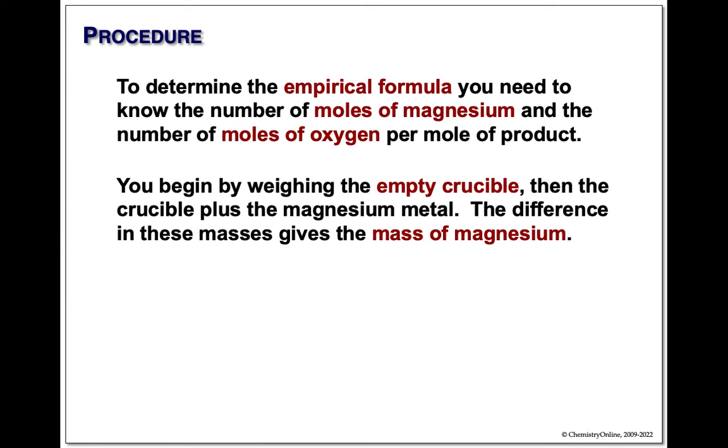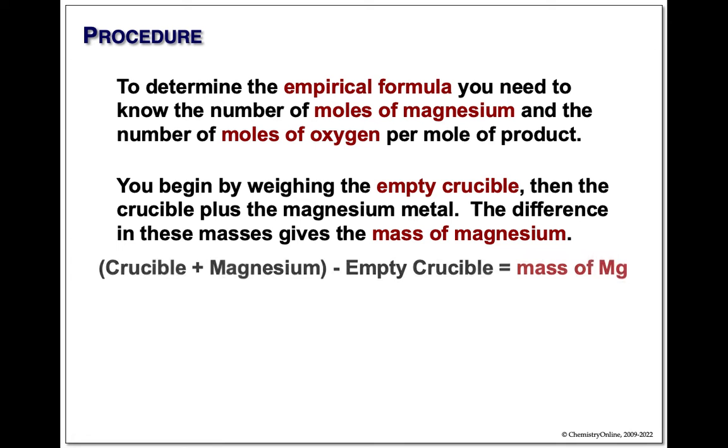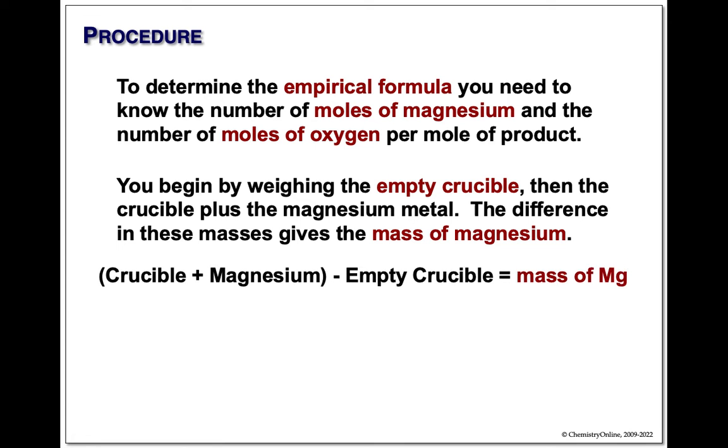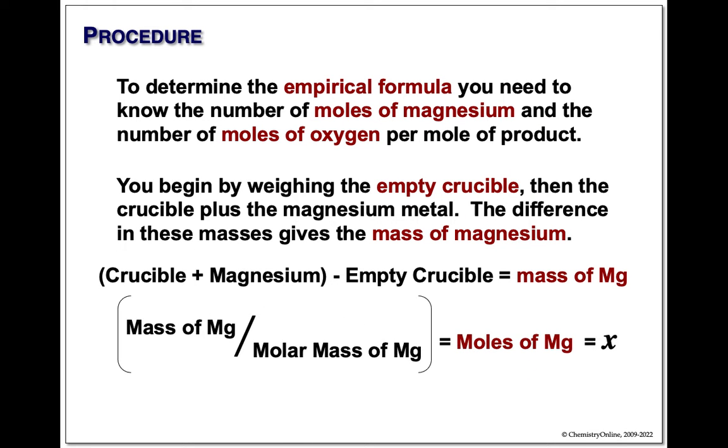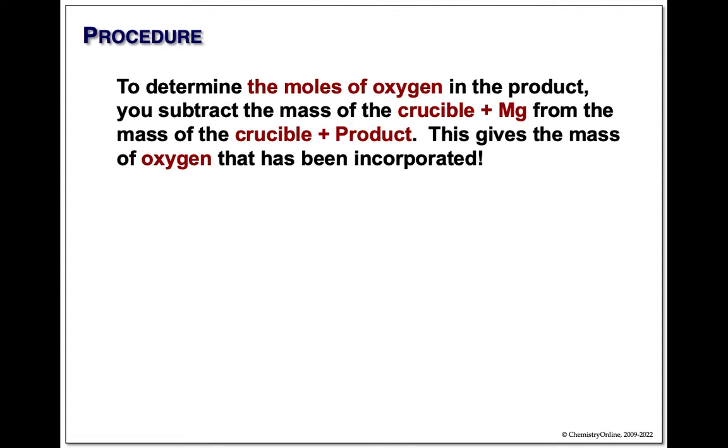All right, so we know the moles of magnesium. We calculate that by doing the subtraction. That gives us the mass. Mass divided by molar mass gives us moles. Let's just pretend that we did this, and X here was 0.015. I just made that up. Okay? Oxygen, the same thing.